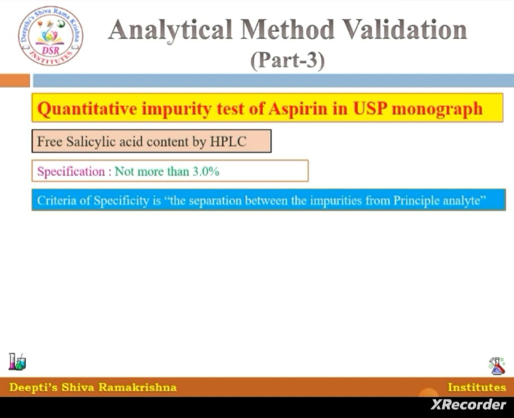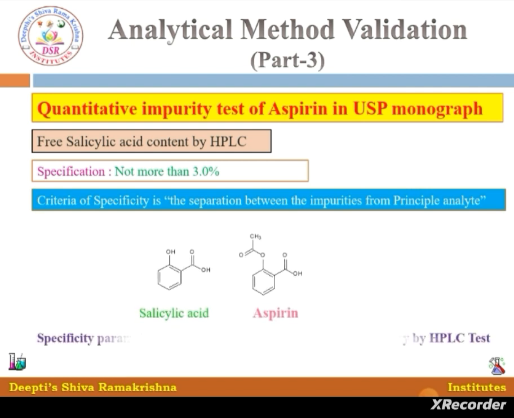The criterion of specificity is the separation of the impurities from the principal analyte. Salicylic acid and aspirin are separated in the assay by HPLC method, so the specificity parameter of this test can take its reference from the assay by HPLC.